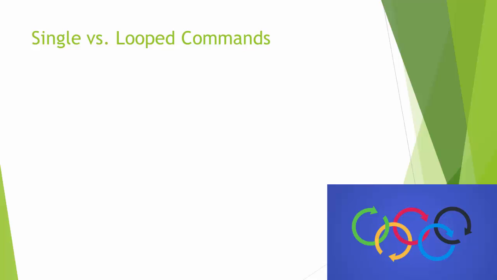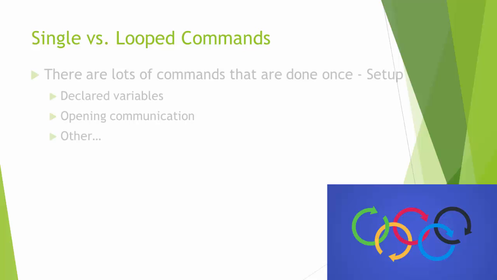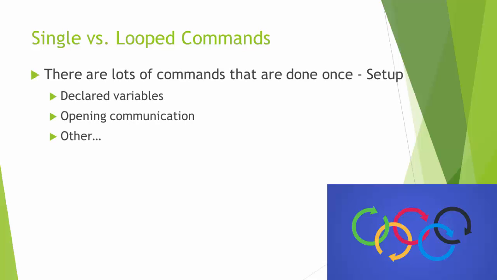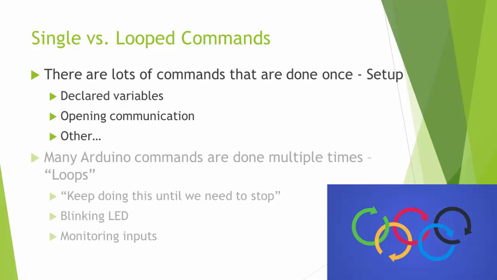So, in a given device program, there are lots of commands that are done once. These are typically setup type commands. We might declare variables, we might open communication, we might in some cases move things to their starting positions before we begin our work.